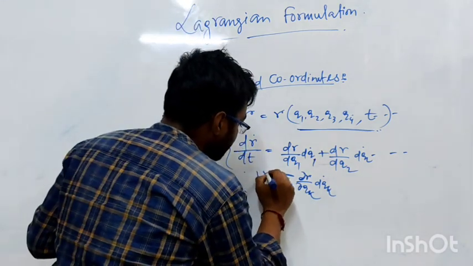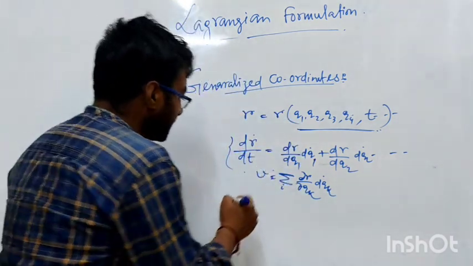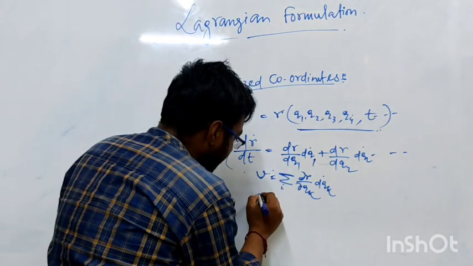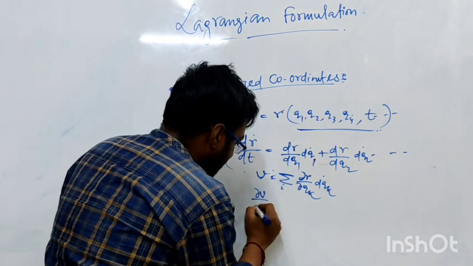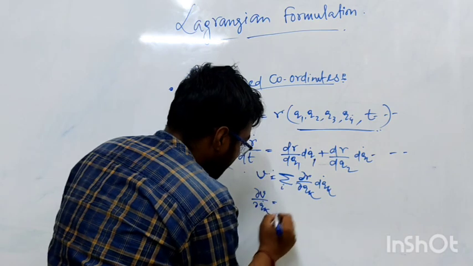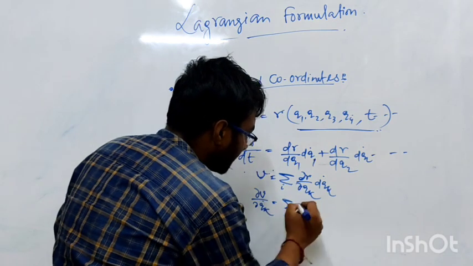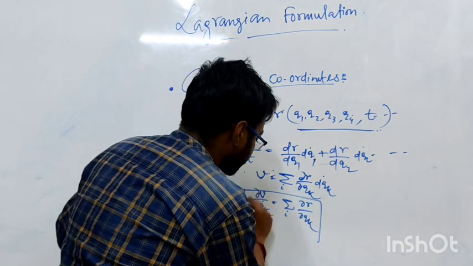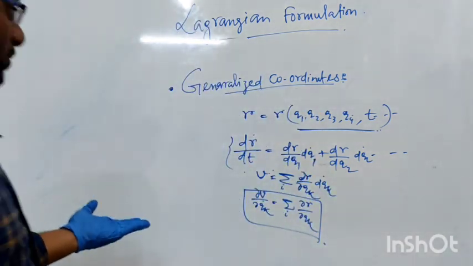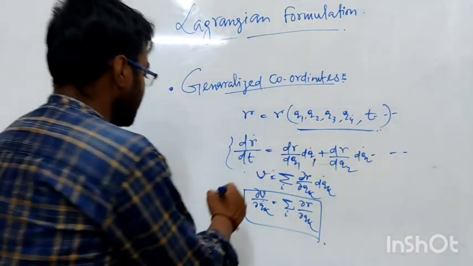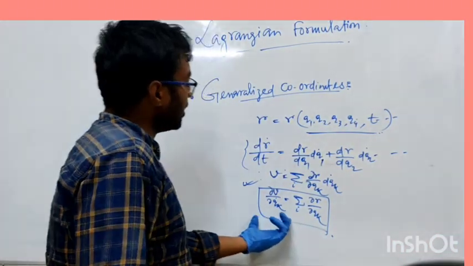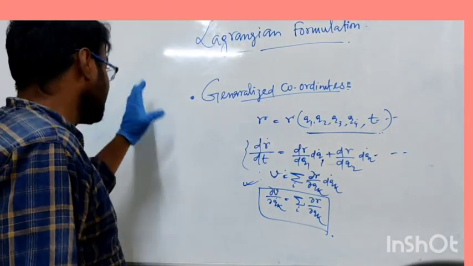If we differentiate it again with respect to qk dot, it will give the summation of del r del qk. So that is the basic relation of generalized coordinates.